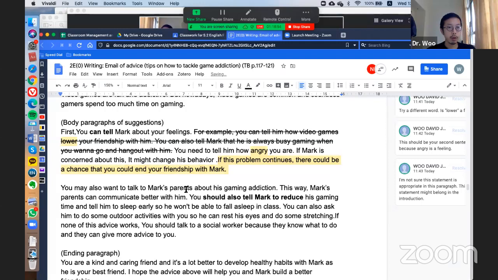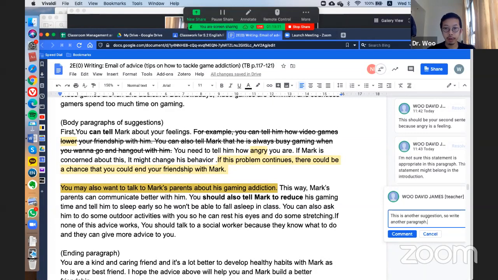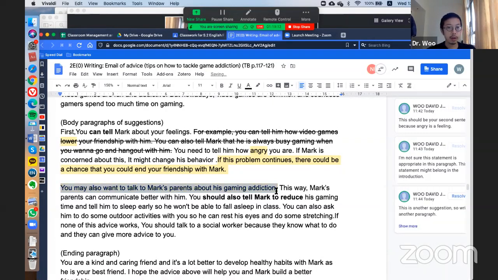You may also want to talk to Mark's parents. Okay, so good. This is another suggestion. So write a paragraph. This way, Mark's parents can communicate better with him. Mark reduces gaming time.